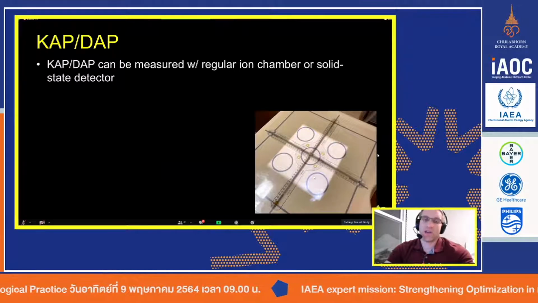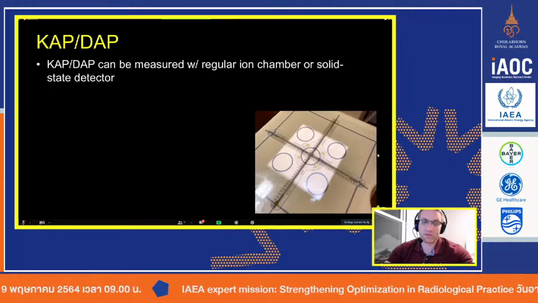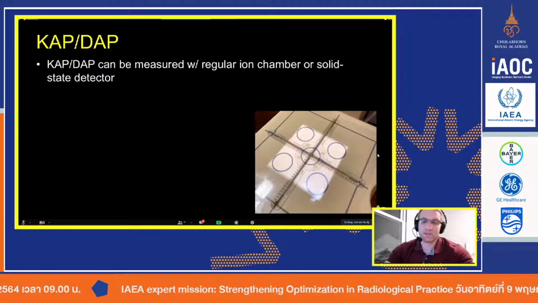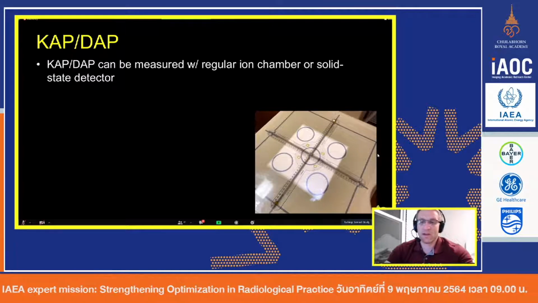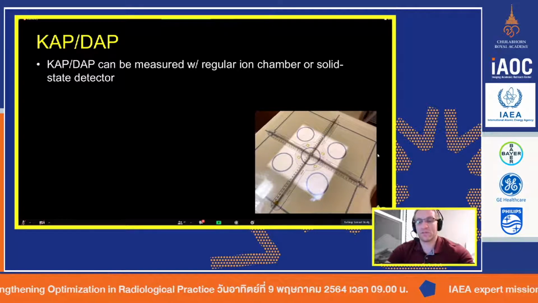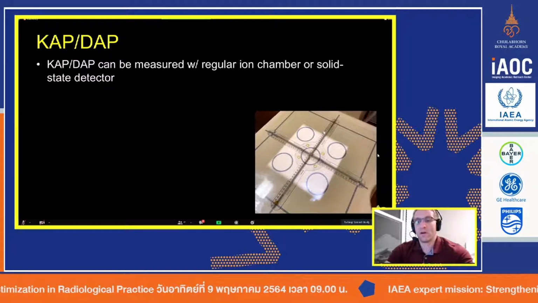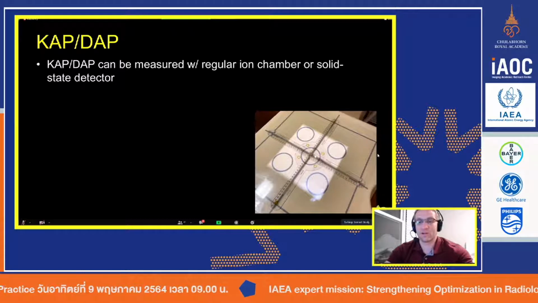If you don't have a unique CAP or DAP probe, then what you do is you're going to use your typical ion chamber or solid state detector and a lead ruler. The lead ruler, of course, is going to be used to measure the field of view at the point where we're going to place our solid state detector or ion chamber.